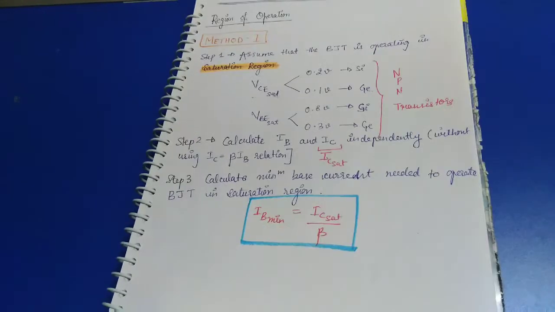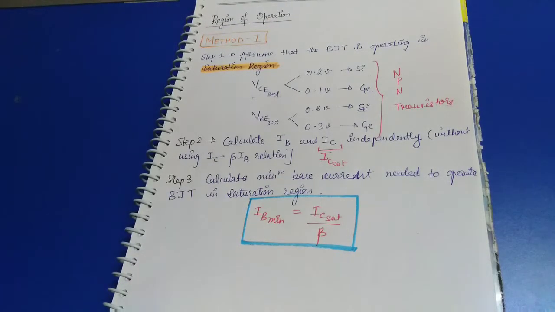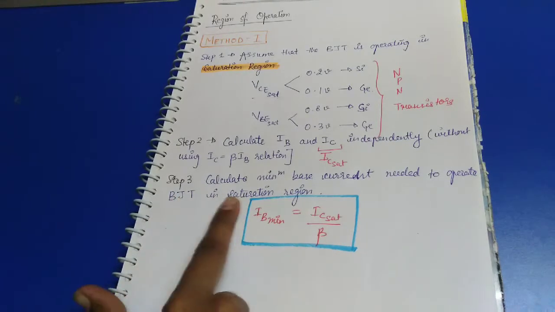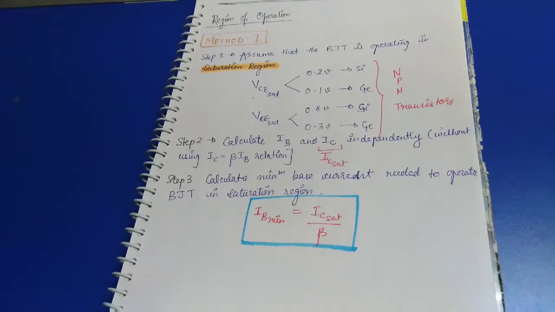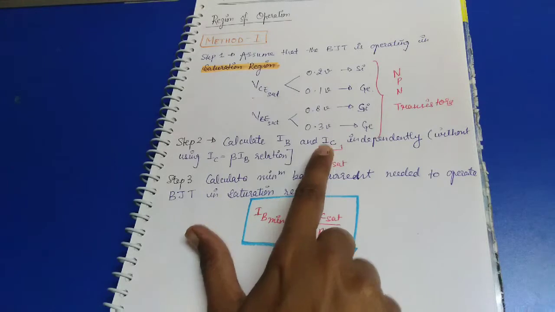Step 3 says calculate the minimum base current needed to operate the BJT in the saturation region. We find the minimum base current with this formula: IB minimum equals IC saturation by beta. IC saturation we get from the IC value.